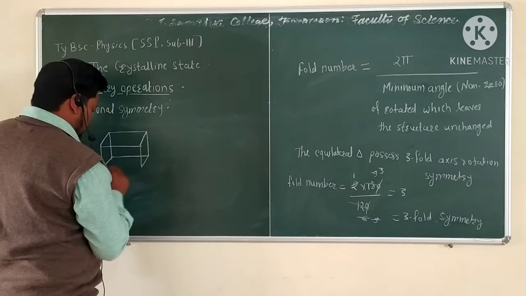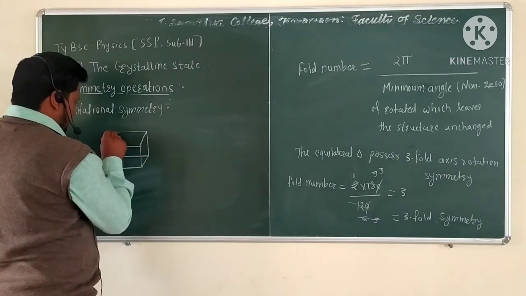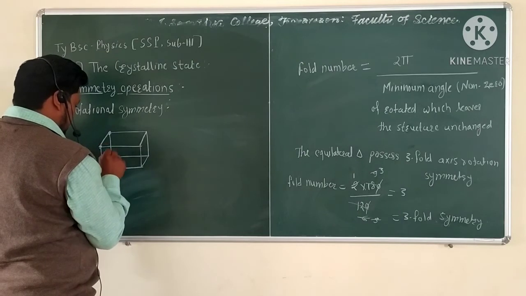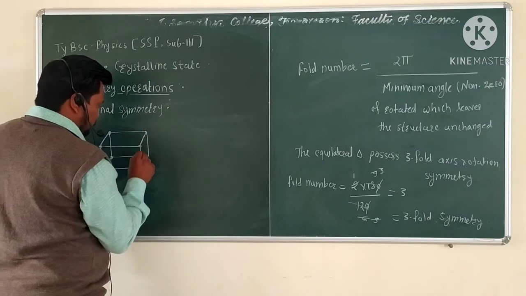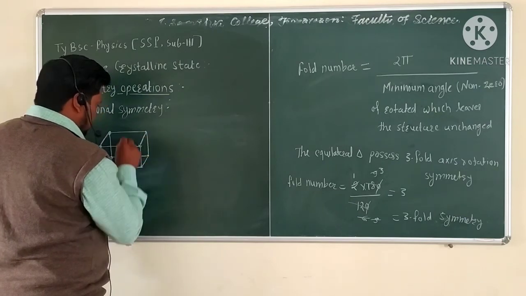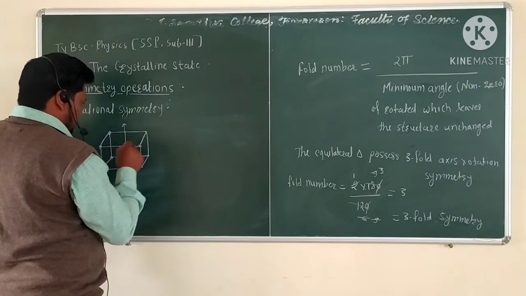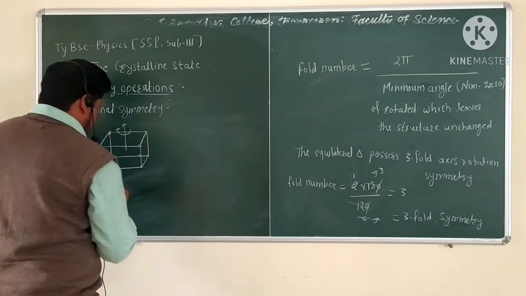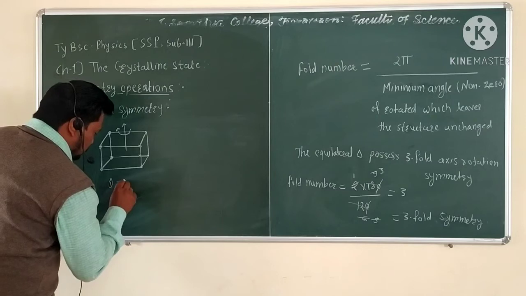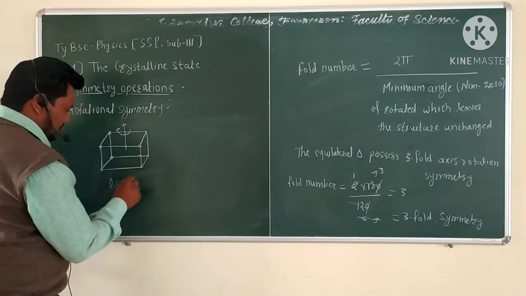At the vertices of this cube, identical atoms are situated, and if we want that symmetry by rotation, take theta equal to 90 degrees.